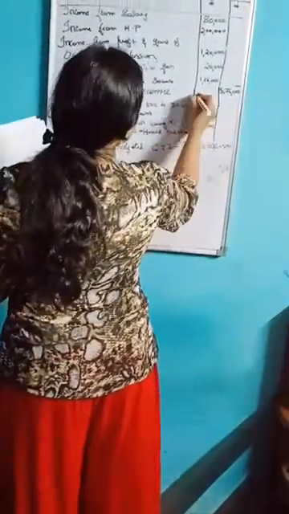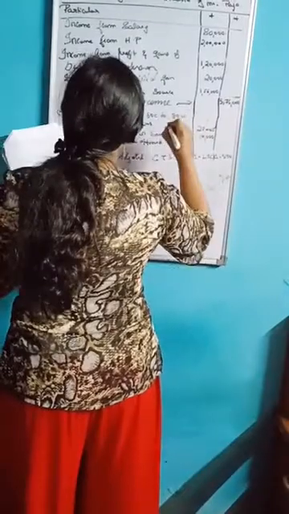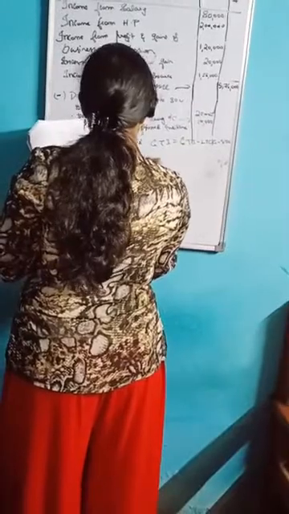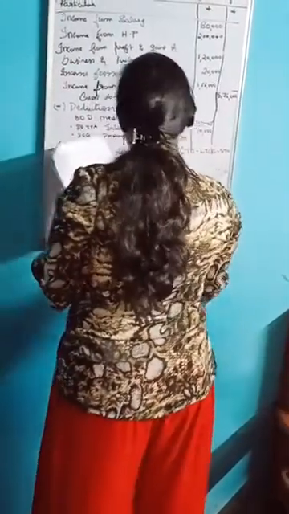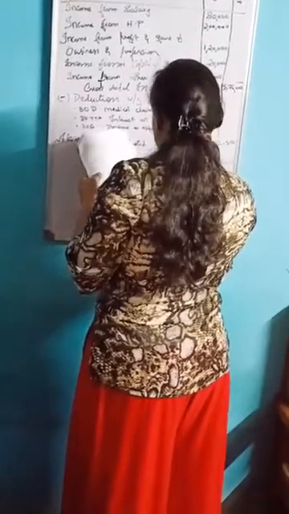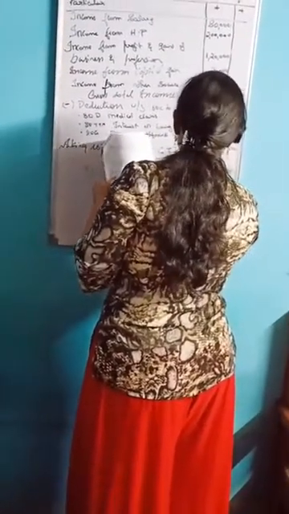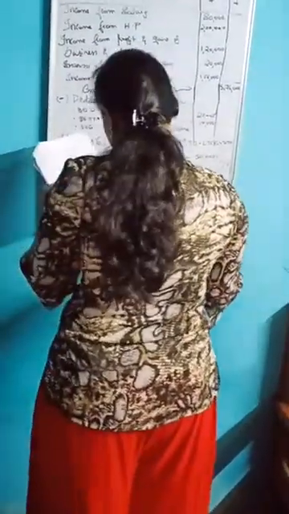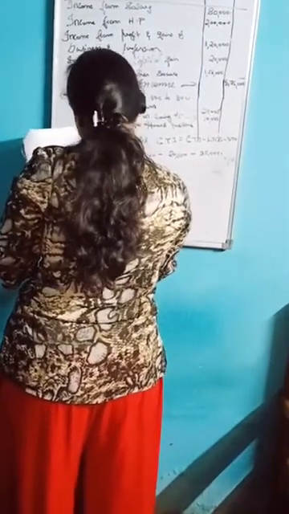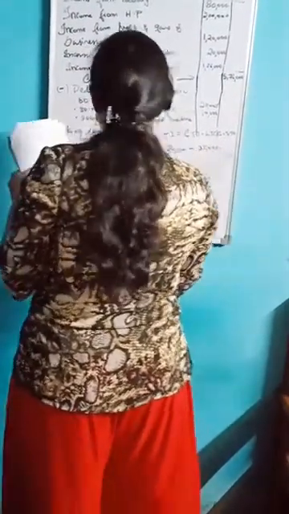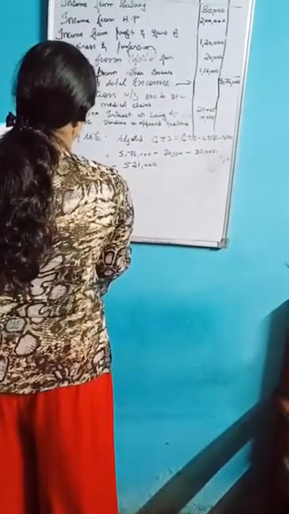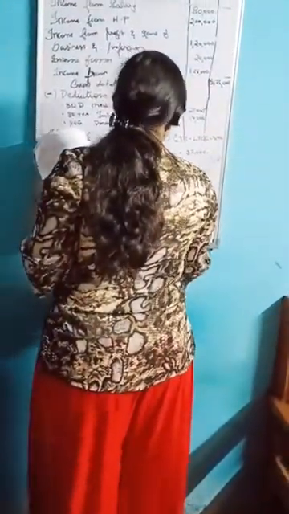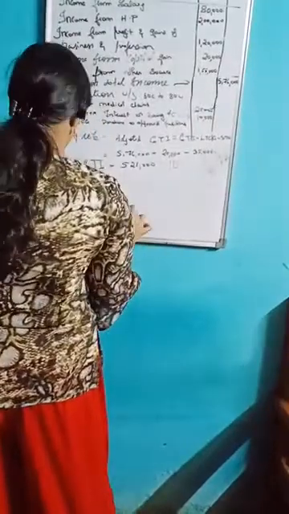So gross total income is 5,76,000 minus long term capital gain 20,000 minus 35,000. You will get 5,21,000. That is the adjusted gross total income. Then you should take 10%.